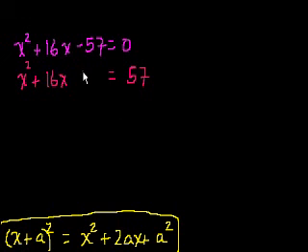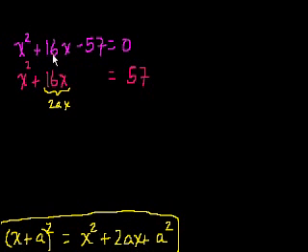Now, what could I add here so that the left-hand side of this equation becomes a square of some expression like x plus a? If you just follow this pattern down here, we have x squared plus 2ax. So you could view this right here as 2ax, right?